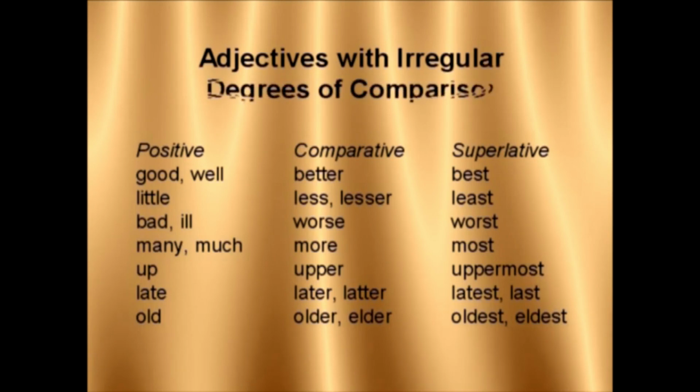Some adjectives have irregular degrees of comparison. For example, positive: good or well; comparative: better; superlative: best. Little, less or lesser, least. Bad or ill, worse, worst.